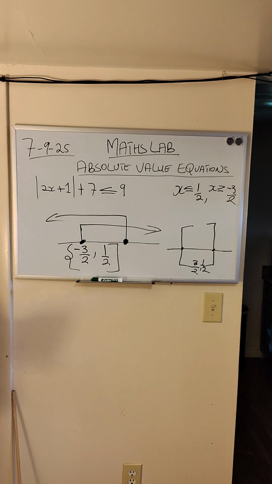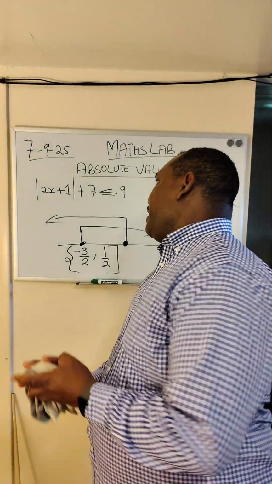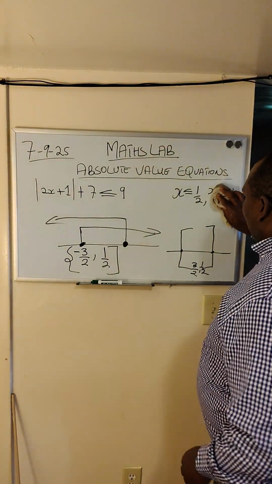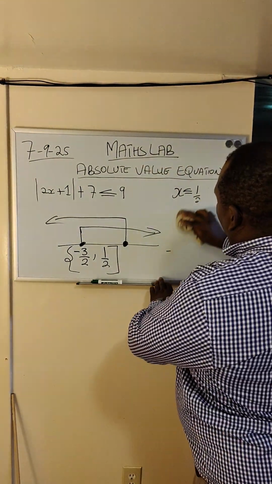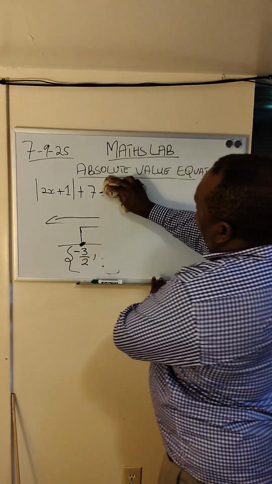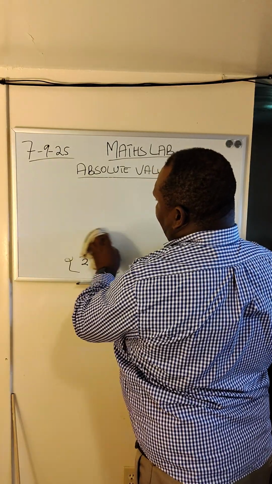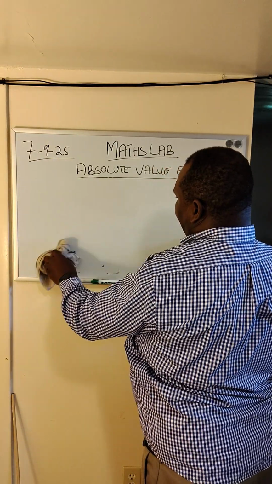So now let me clean up the board so that we can do the last part of today's math lab, absolute value equations, so that we learn something for the day.